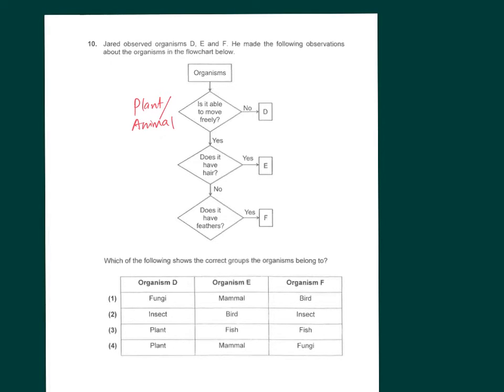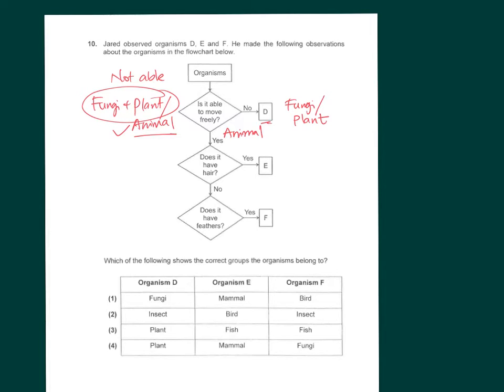In fact, you also can rule out the group fungi, right? So in this group here, it is not able to move freely. Whereas animal, yes, able to move freely. Okay, so in D here, you will expect it to be a fungi or a plant. Whereas here, you expect it to be an animal.